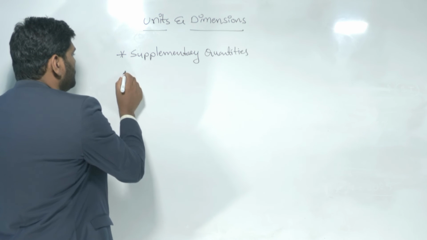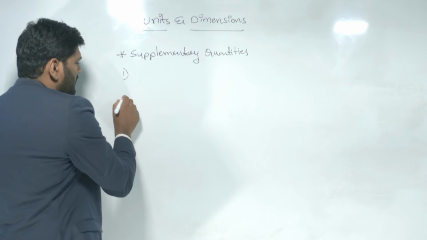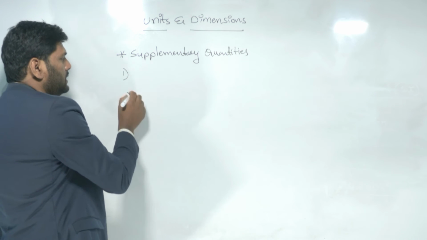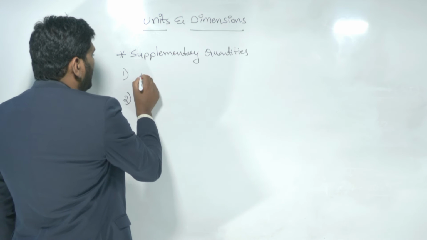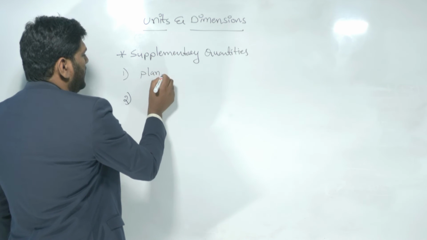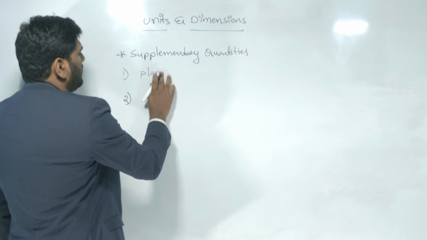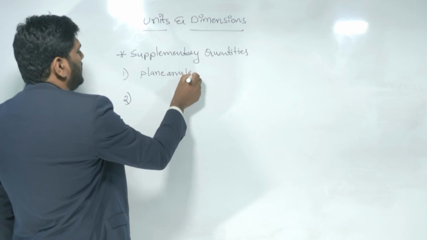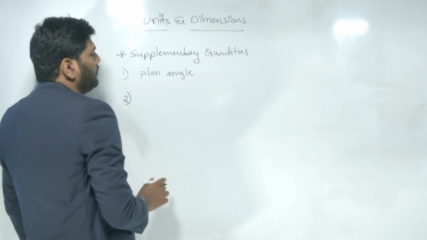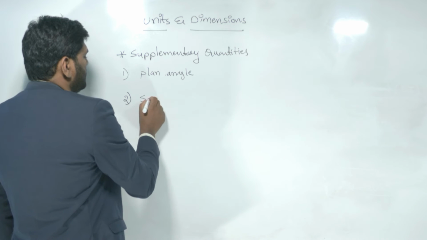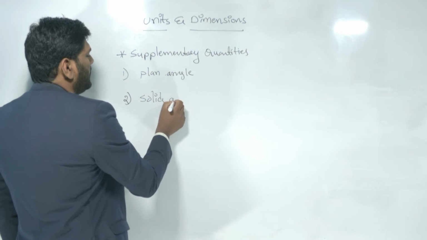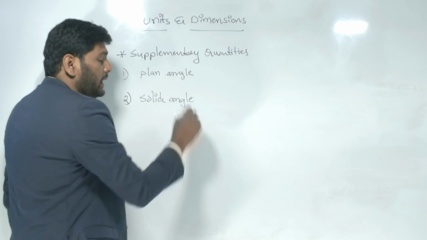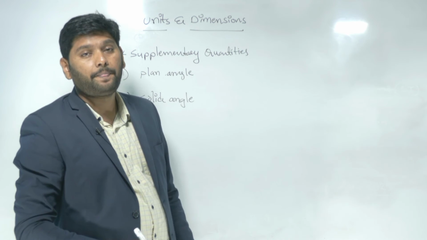Here there are two supplementary quantities we have. Number one is plane angle. Next one is solid angle. Plane angle and solid angle.